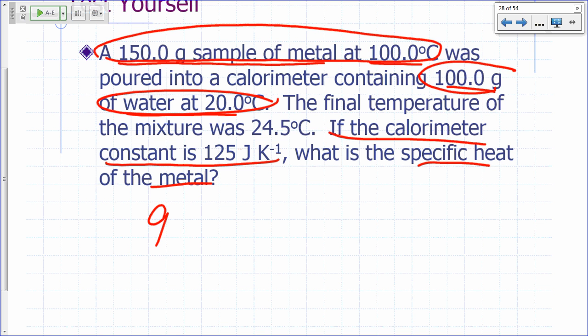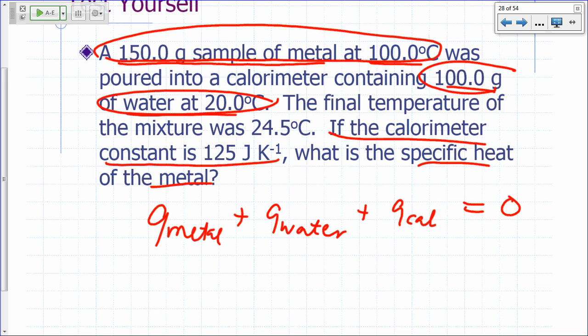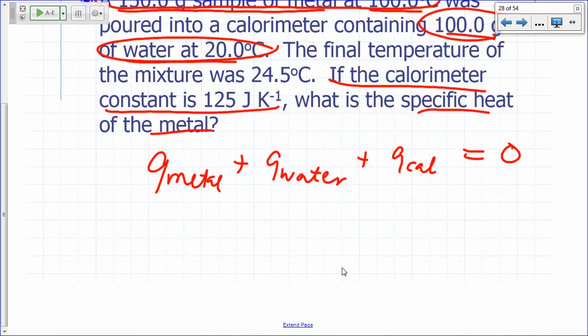We say Q metal plus Q water plus Q cal is equal to 0. It's a basic equation in calorimetry. All the Q's add up to 0 because in calorimetry, your calorimeter is insulated. Q cal is C cal times delta T cal.